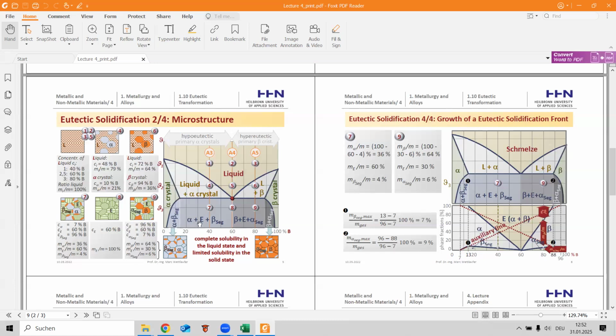Point 7, where we have alpha plus eutectoid and beta segregation.